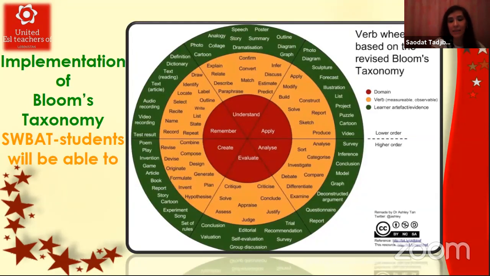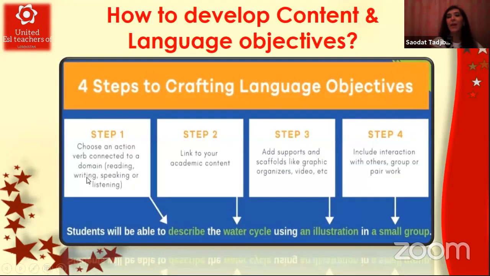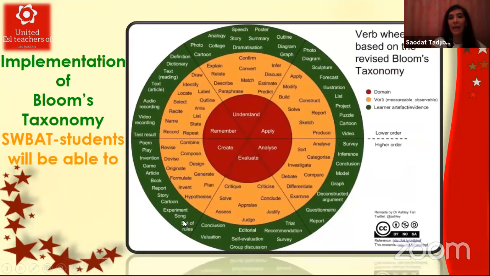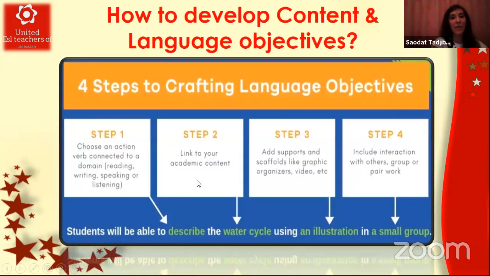Now, let's practice. Here, I have put 4 steps of designing language and content objectives. In the first step, you will go to Bloom's taxonomy and choose an appropriate verb regarding listening, reading, writing, and speaking. Here, they have chosen describe from all these words, and it is for the understand domain. In the second step, you will link to your academic content.